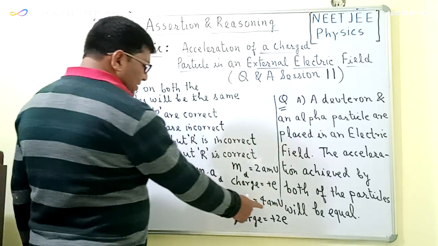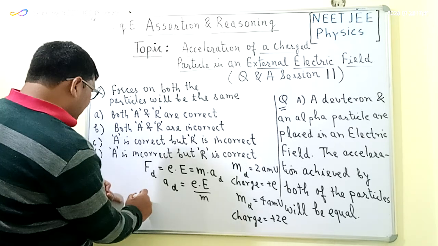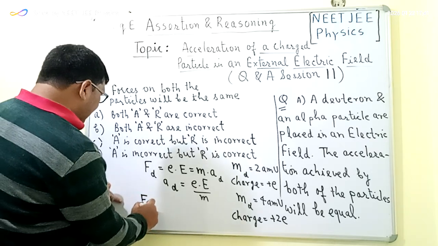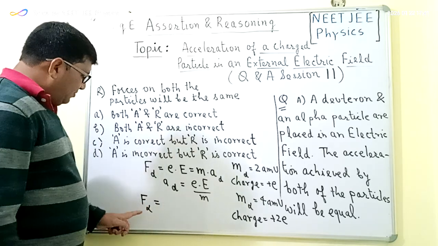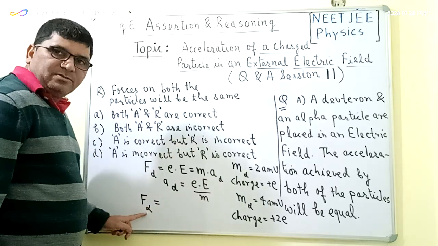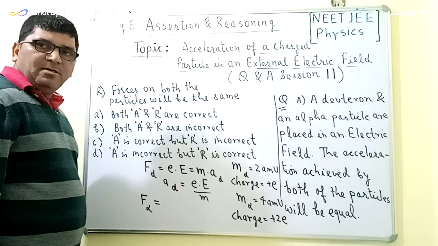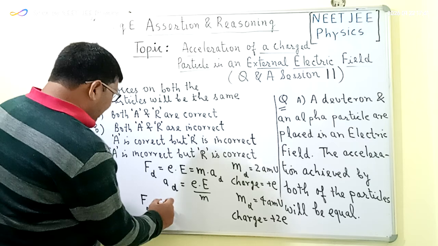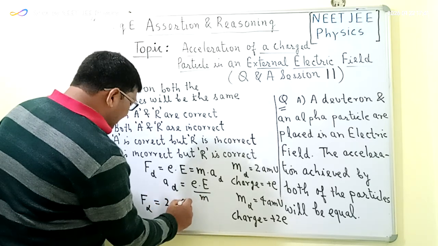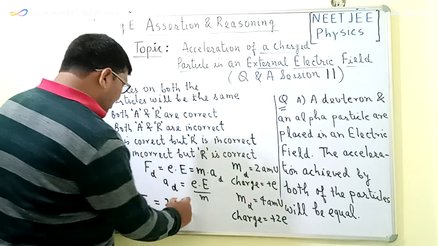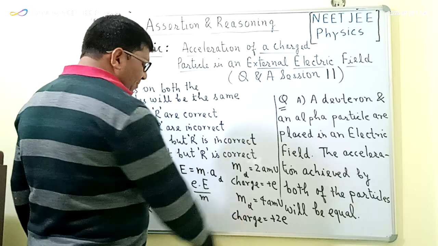Now let us consider the alpha particle. When an alpha particle is placed in an external electric field, F alpha is the electrostatic force on the alpha particle. Here the charge on the alpha particle is equal to 2e, and the intensity of the electric field has been taken as capital E. So this is equal to 2 small e multiplied by capital E, and this will be equal to the mass of the alpha particle into its acceleration.